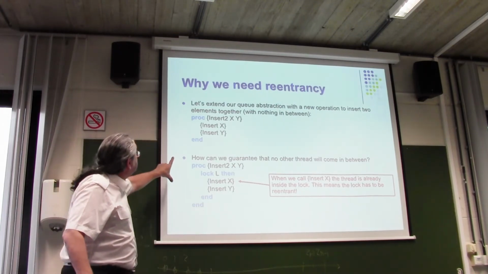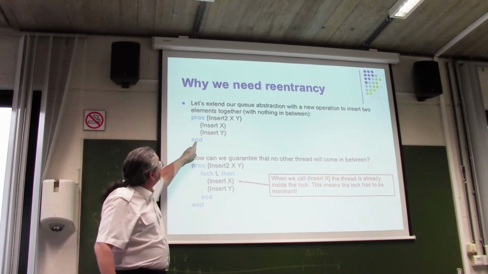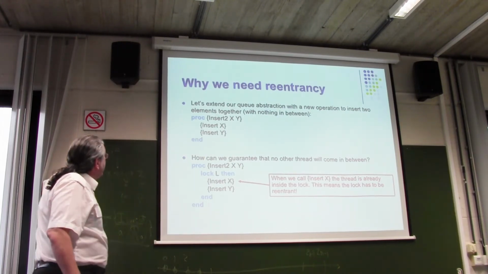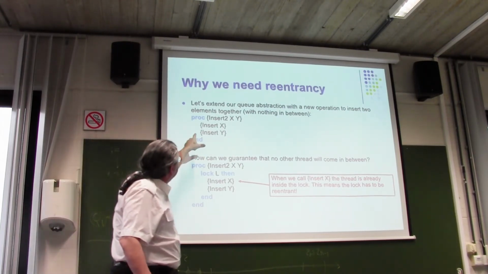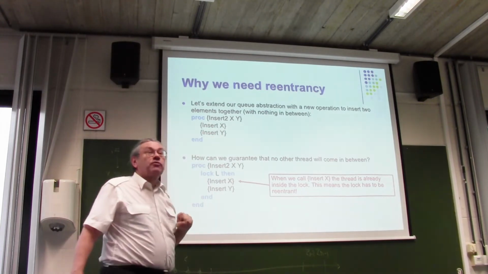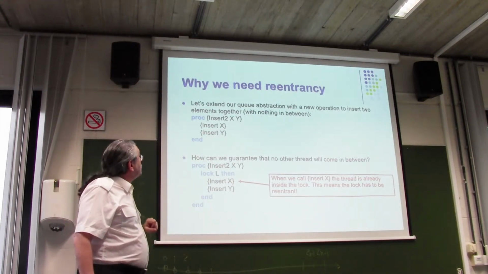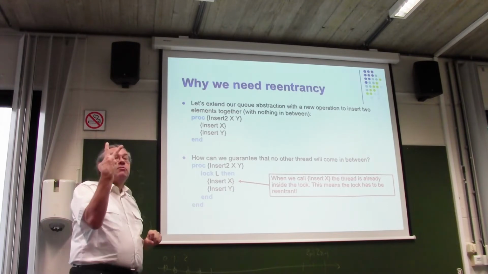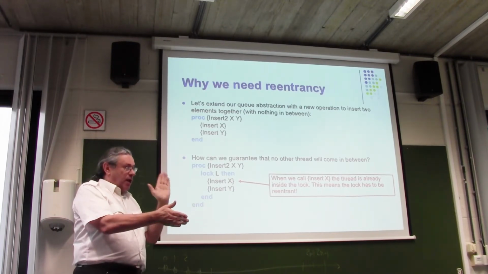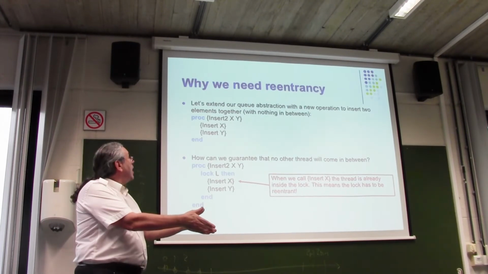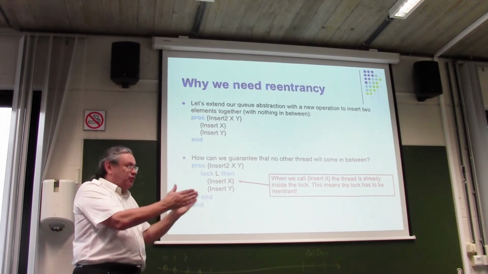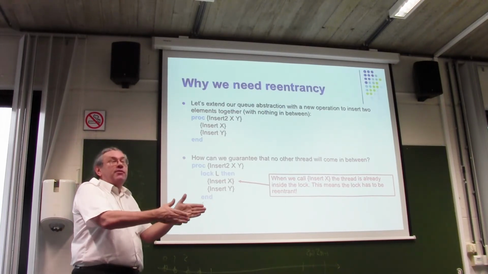Here is a simple example. Let's extend our queue abstraction. Let me define a new operation in the queue called insert2. Insert2 will insert two elements in the queue, A, B, boom, boom. Okay? But nothing in between. The two are next to each other in the queue.